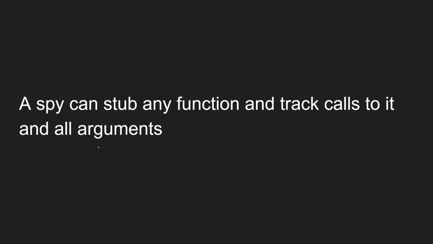So it will make a duplicate of any function and track calls, how many times that function has been called, without executing it. If you are trying to execute a function, it will track the calls to it: how many times it has been called and what arguments have been passed. Without really executing that main function, a spy will create a spy on that.